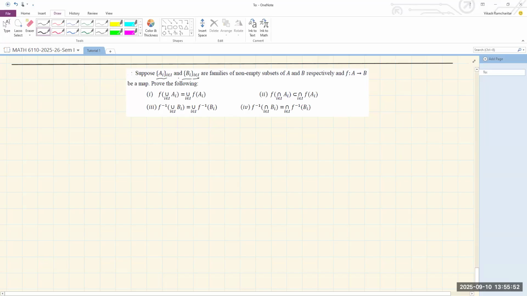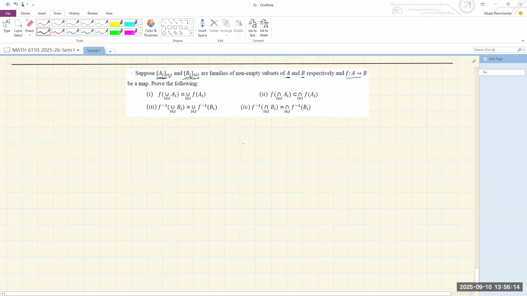Now, these are indexed by some index set I, and this index set may be countable or uncountable, doesn't matter. And the A_i's are all subsets of A, and the B_i's are all subsets of B. And we have a function f mapping from A to B.